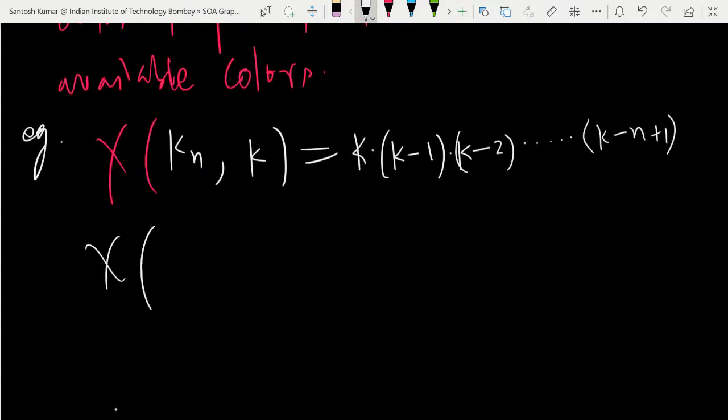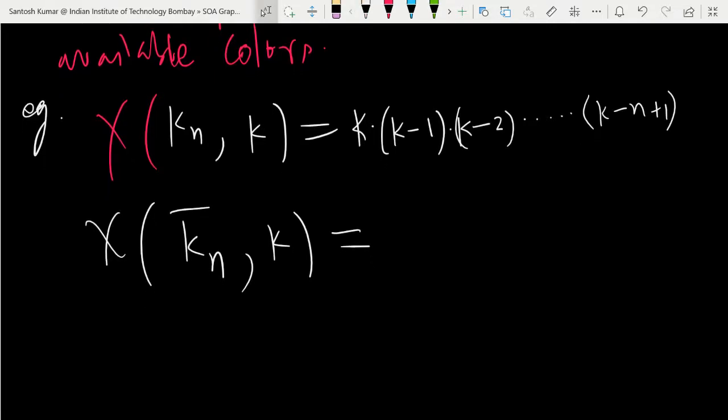So like the number of proper colorings of the graph K n complement using k colors, what was this? It's k raised to power n.